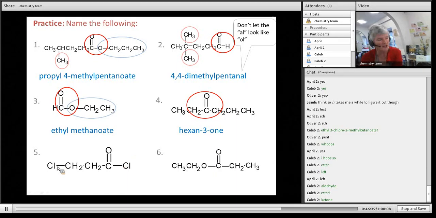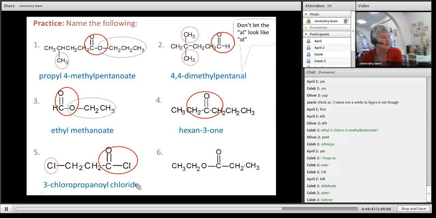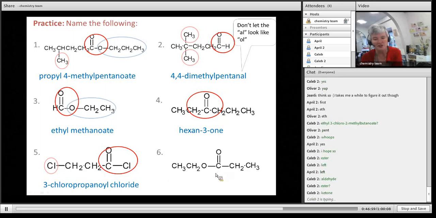This is an acyl chloride, so I'm just looking at the time, acyl chloride, and it's got a chloro side chain, but this is the dominant one, so we name it as oyl chloride. So it's 3-chloro-propanoyl, so it's 1, 2, 3, that's where the prop comes from, oyl chloride, and there's that space there. And this is what functional group for number 6?